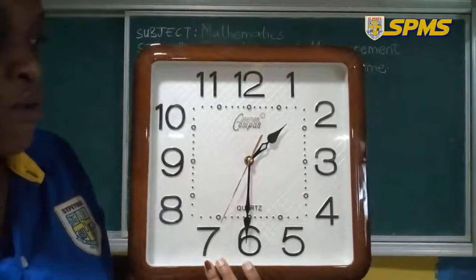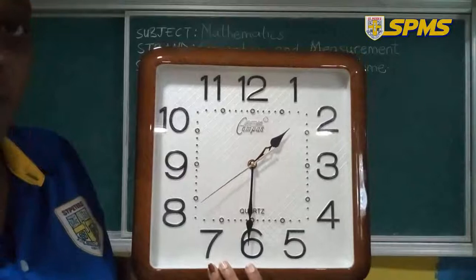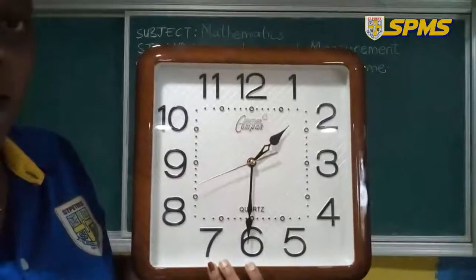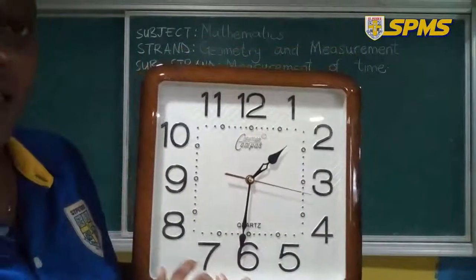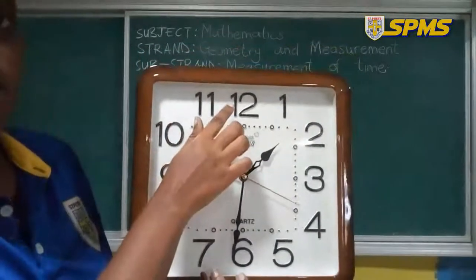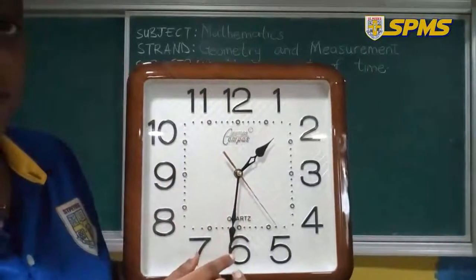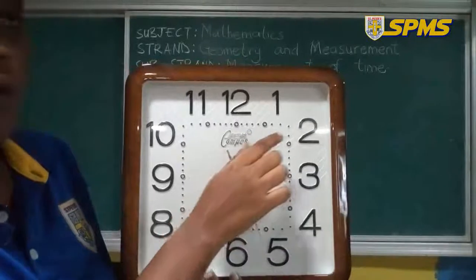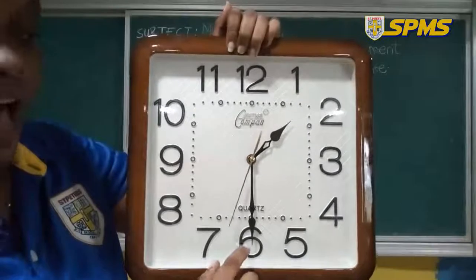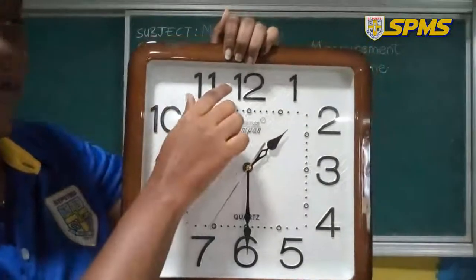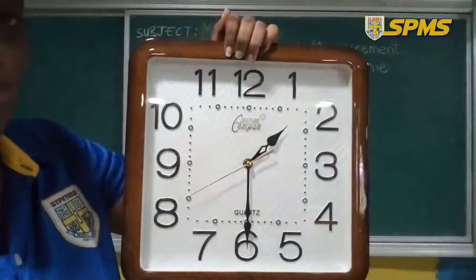Therefore, we have made half an hour, which is 30 minutes past, which means that we have another 30 minutes to complete the full minute for the hour hand to move to 12. So we can also say that we have another half or 30 minutes to 12.